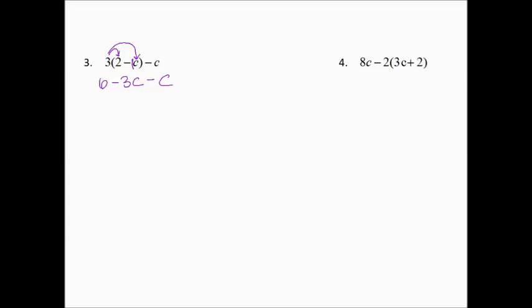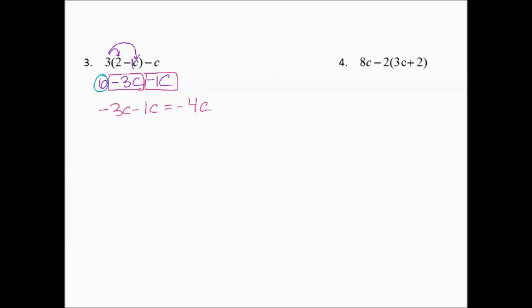Now I'm going to look at my like terms again. I see I have a term here, negative 3c, and another term with a c, and my constant 6 by itself. So I'm going to combine negative 3c minus c. Remember, there is a negative 1 here. When I combine like terms, I have negative 3c minus 1c is negative 4c.